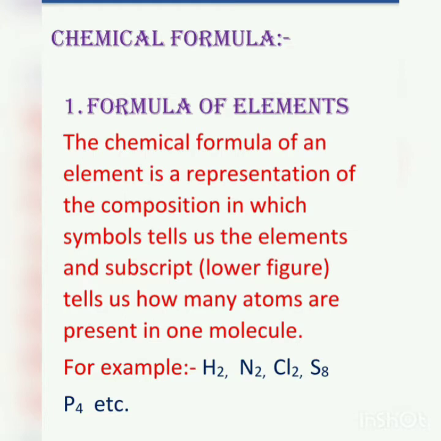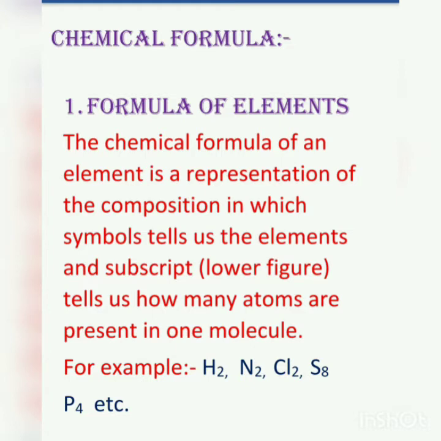So let's first discuss the formula of an element. It is the representation in the form of symbols which tells us which element is present, and the subscript tells us how many atoms are present in one molecule. For example, H2.